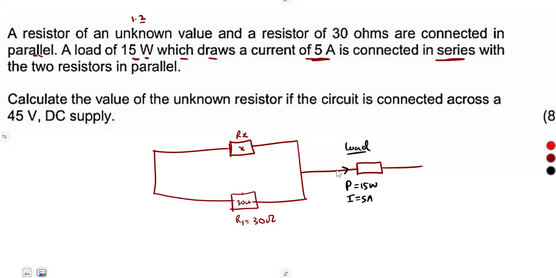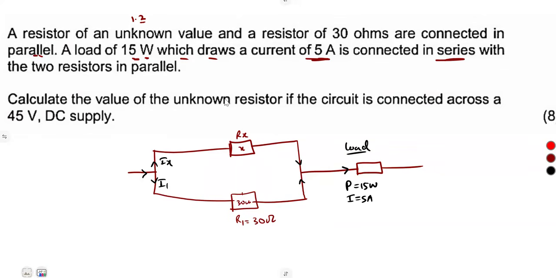The current that it draws is definitely from the supply, meaning it is the same current that entered the parallel circuit and branched into the unknown resistor and resistor 1. So that is the condition.